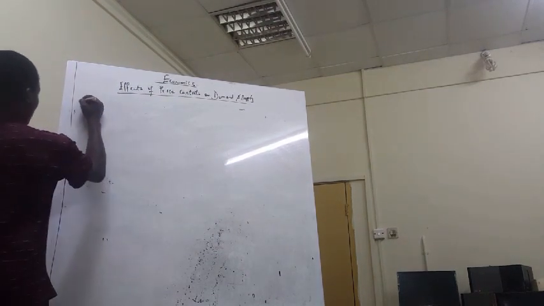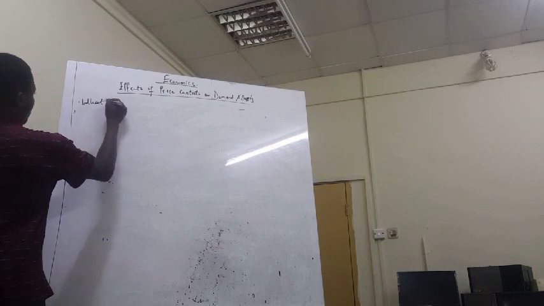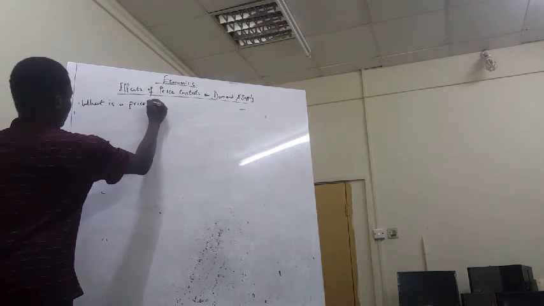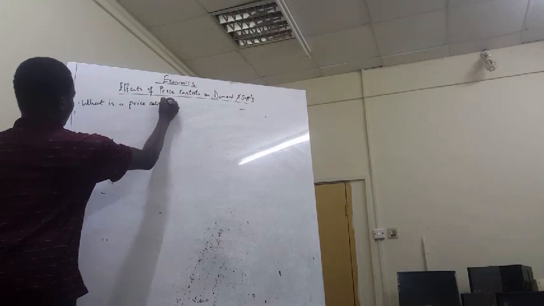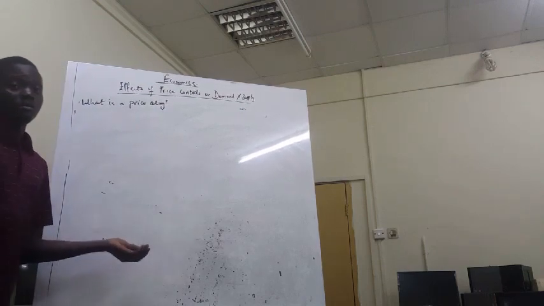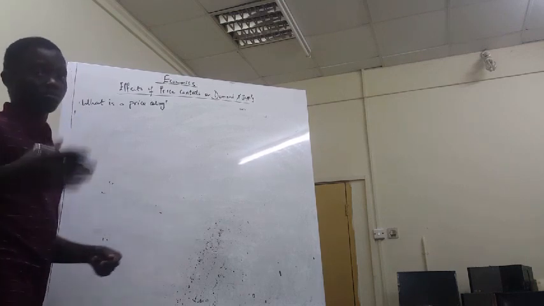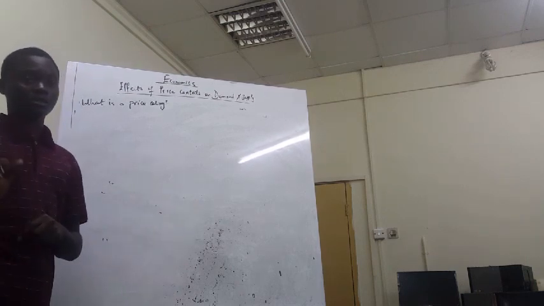That's the question. What is a price ceiling? It's just the reverse of a price floor or a minimum price. So in passing, price ceiling is also known as the maximum price.